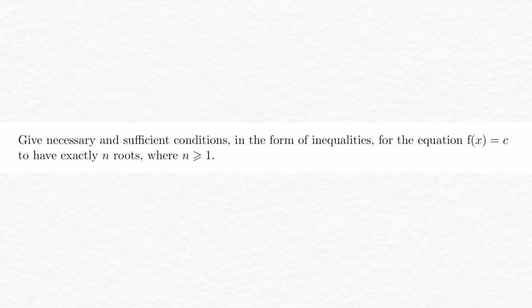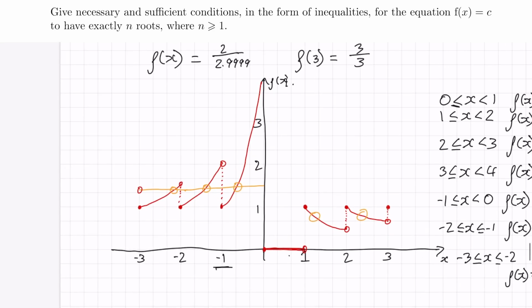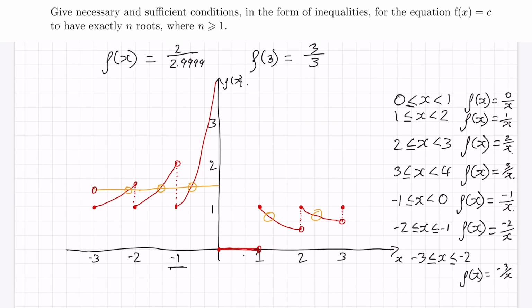Okay, so ignoring the first little bit, which is necessary and sufficient conditions, which I'll come back to, it asks us to give conditions on this value c, for which we have exactly n roots. So scrolling back up to the image, what do we have? We have this image. So you can kind of see what's going to happen here.